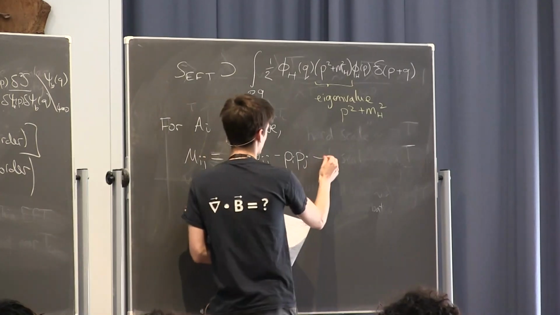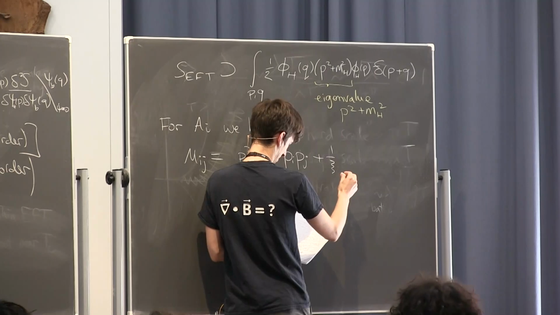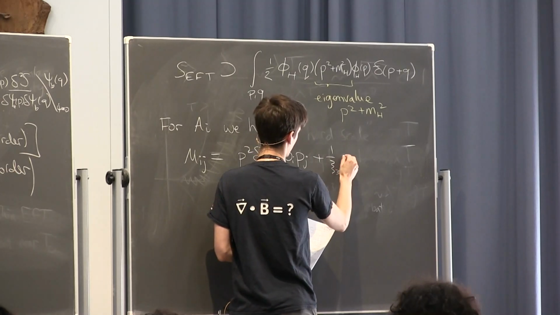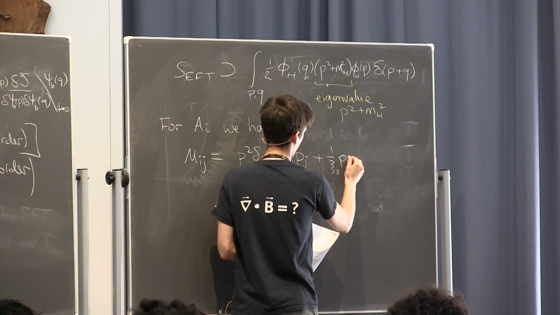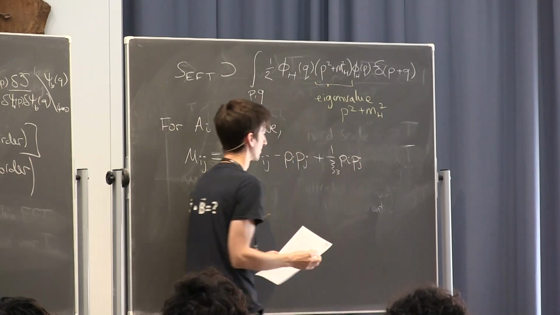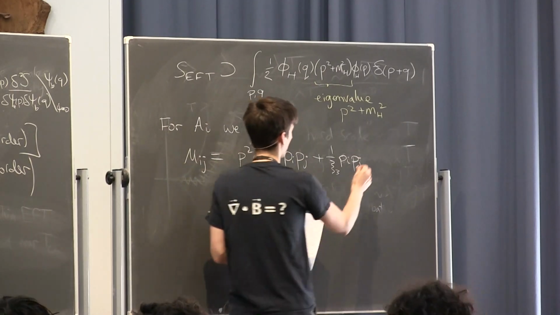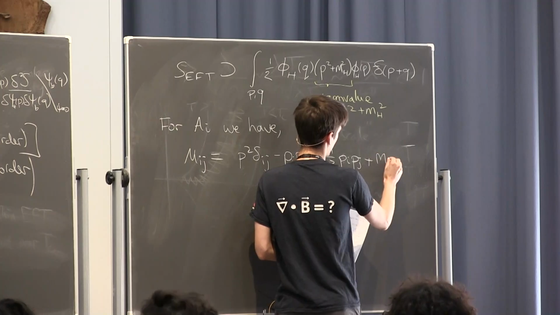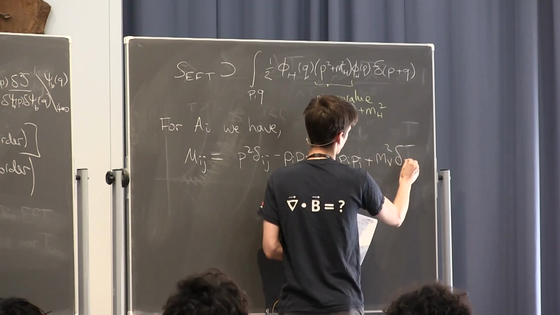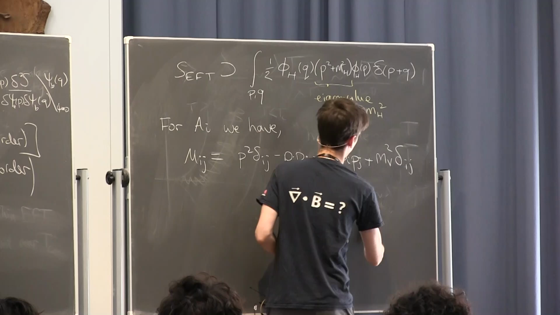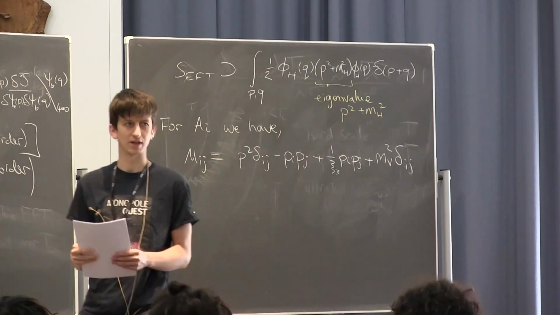Then for my gauge fixing term, I have 1 over psi times p_i p_j. And then I have this Higgsing mass term, m_V squared delta_ij.